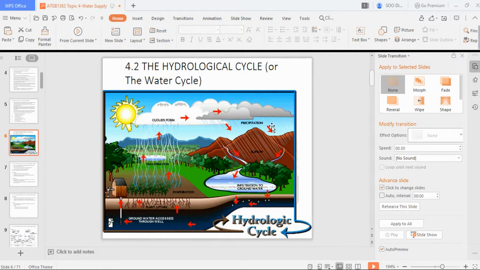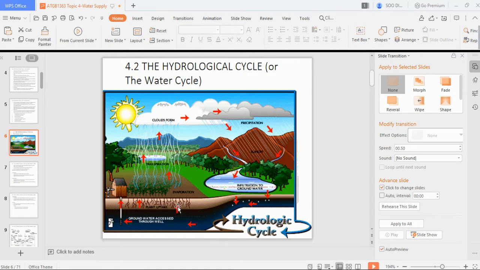So there is this hydrological cycle, which is the water cycle. I'm sure during your high school time, you guys have learned a bit about what the water cycle is: how water goes from the ground into the air, which is the cloud. So we start off with the water on the ground. The water on the ground is evaporated up to the sky, so it forms clouds.